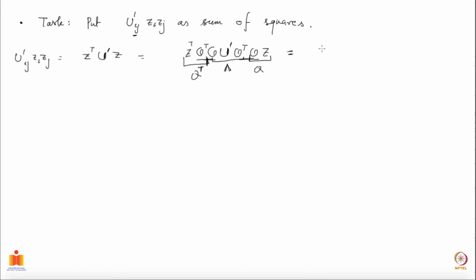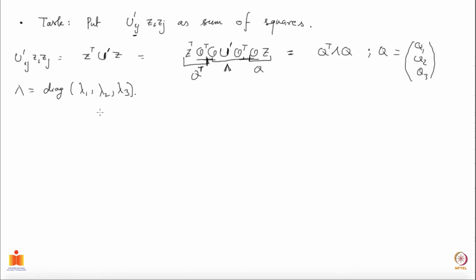So what we get here is Q transpose lambda Q. Q is a column vector, where Q is Q1, Q2 and Q3. And my lambda is diagonal: lambda 1, lambda 2 and lambda 3. Okay, that's good.